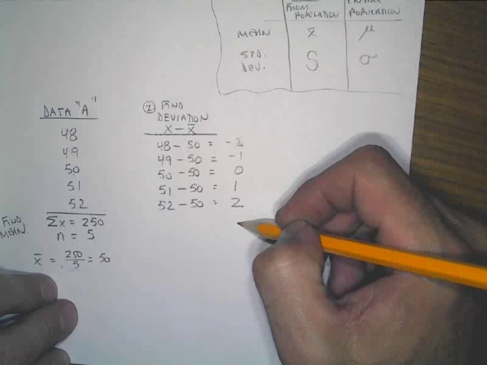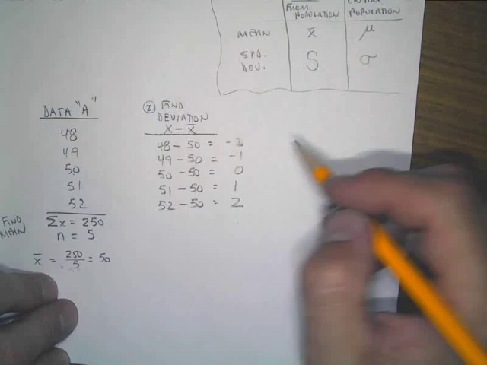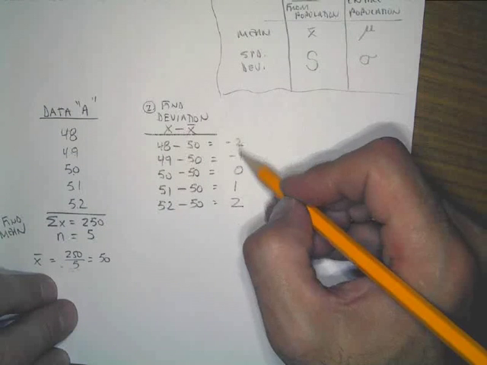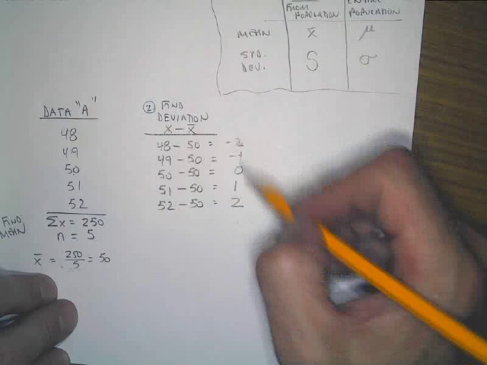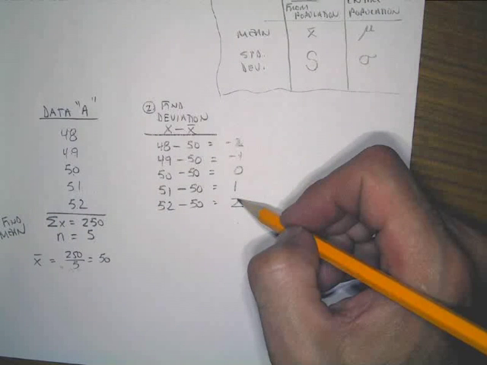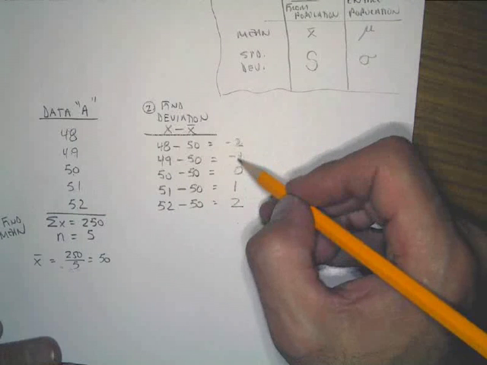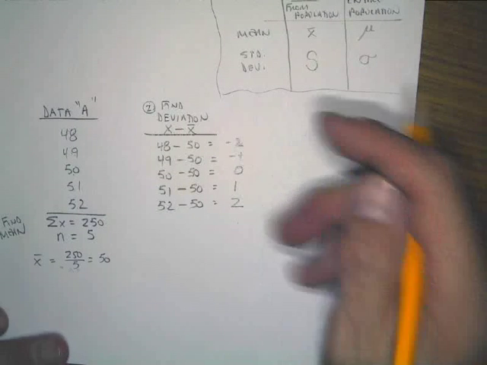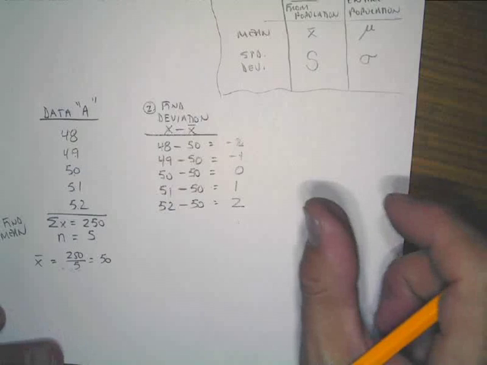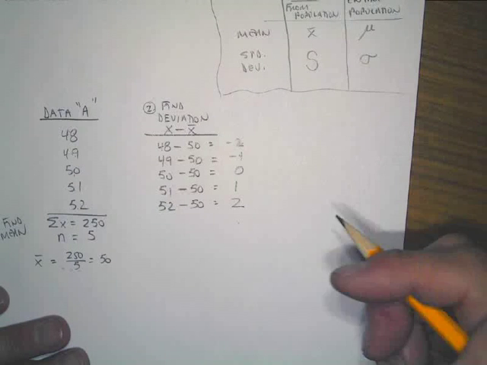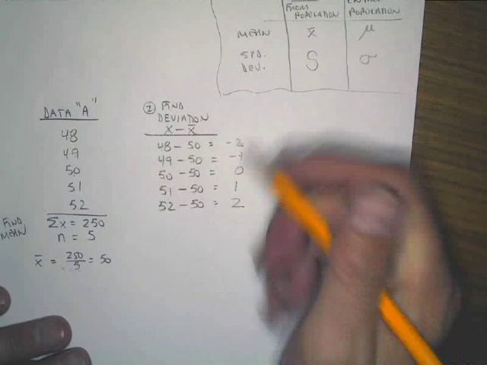And that's not going to work. And the reason is because these distances are negative and these distances are positive, and they cancel out. So what we want to do is get rid of these negatives so that we have just the distances without the direction of positive to the right or negative to the left.